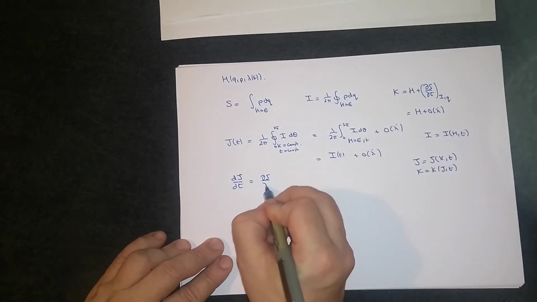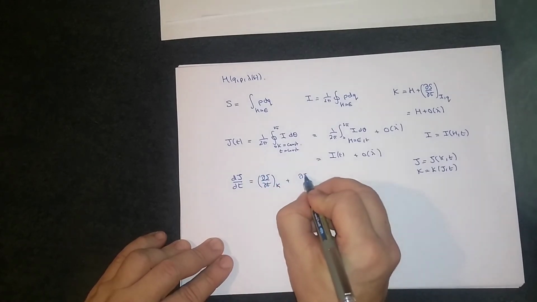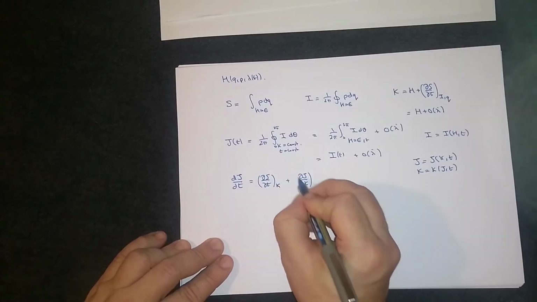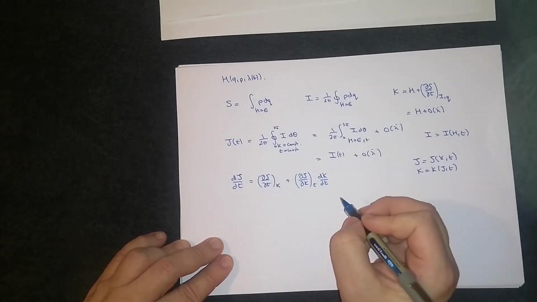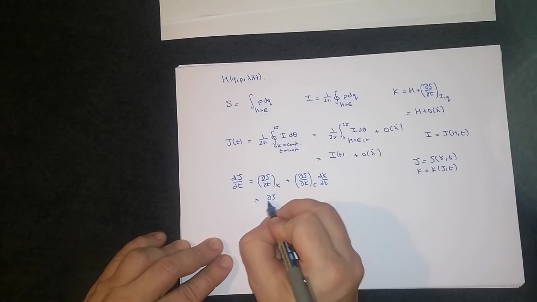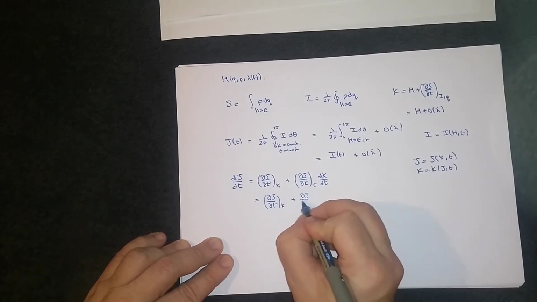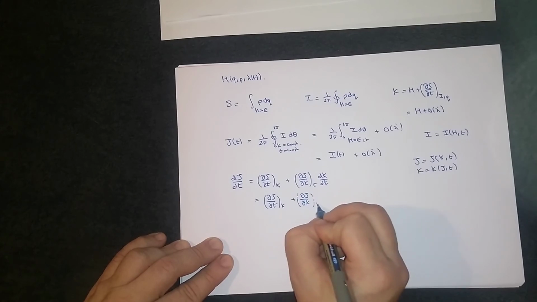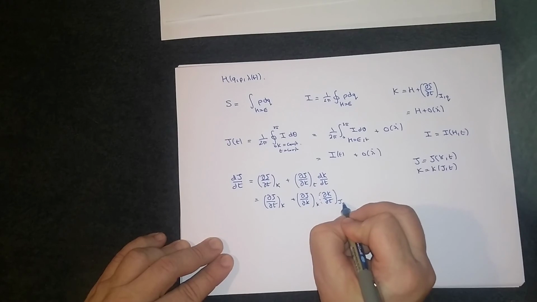So that's partial dj by dt at constant k plus partial dj by dk at constant t times total dk by dt. But total dk by dt is the same thing as partial dk by dt at constant I and theta.